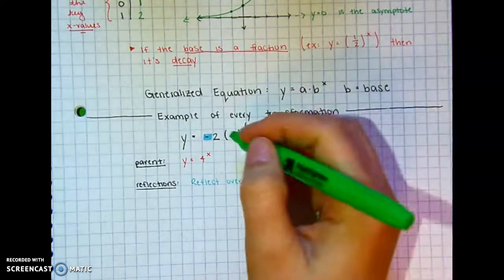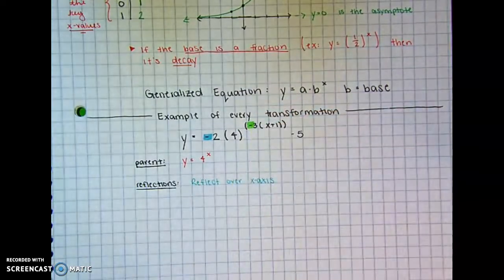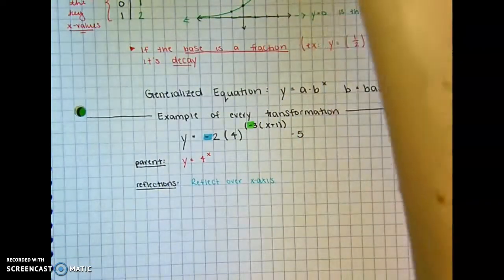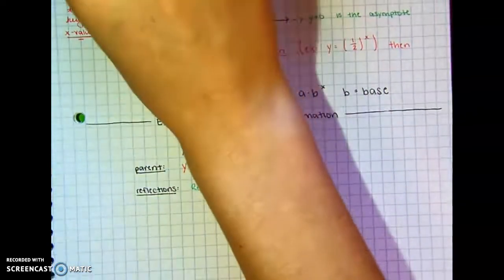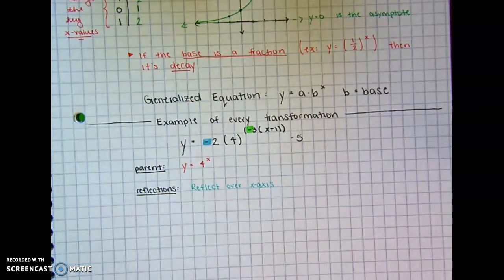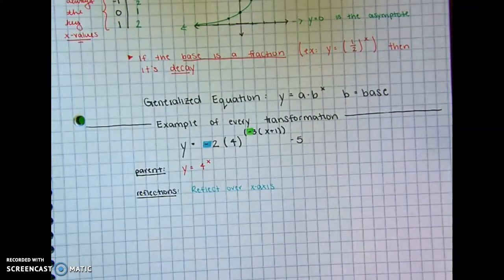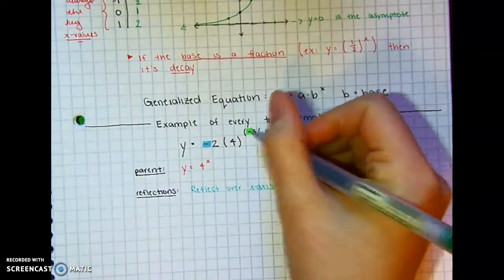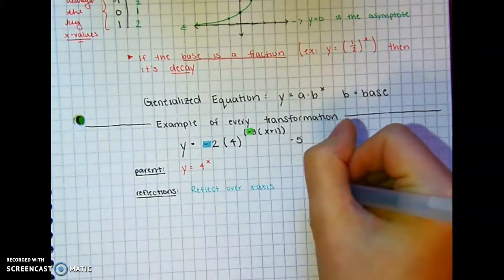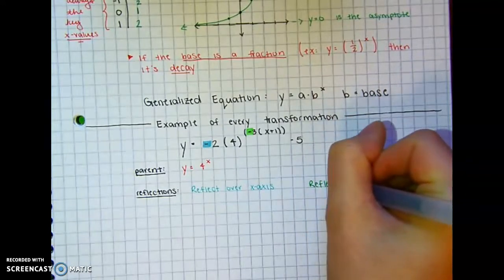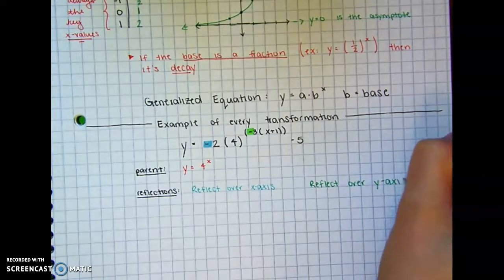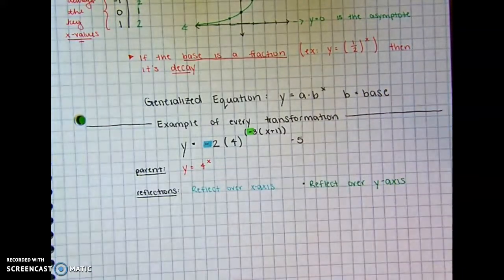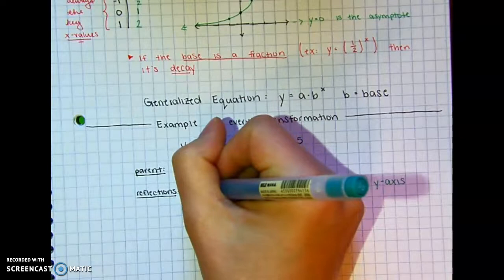So that's a reflection over the y-axis. Here's my green pen. Okay, reflect over the y-axis. So this negative is reflect over the y-axis. Okay, so those are reflections.